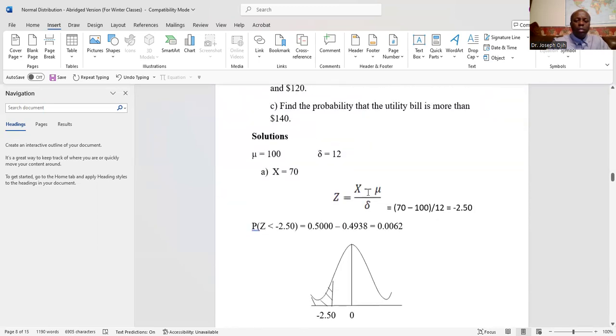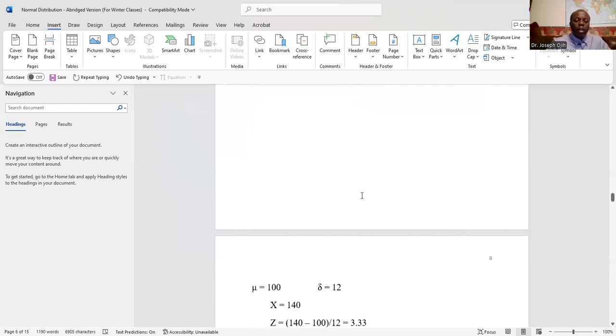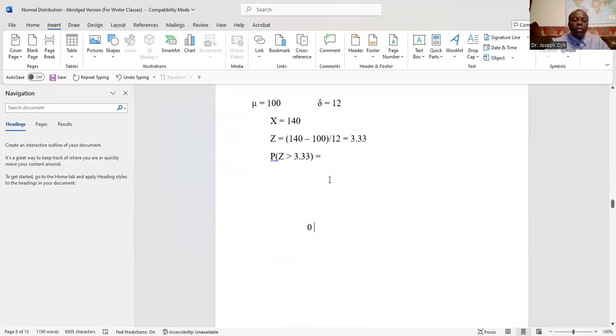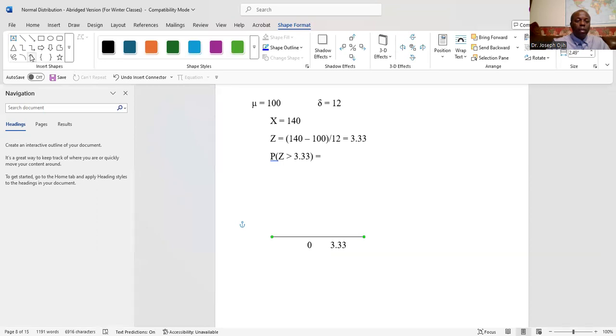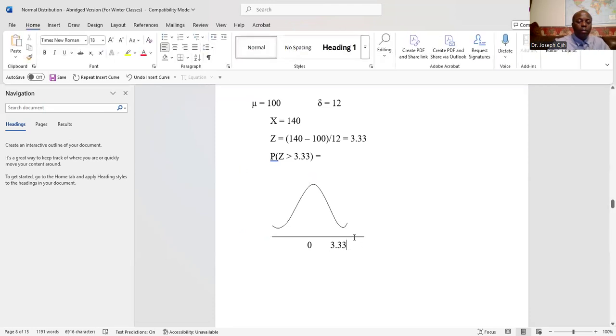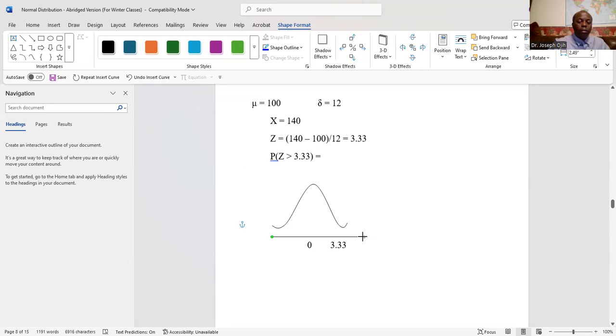Let me check something. Just one minute. So you have 0 and 3.33. Put your bell curve here.